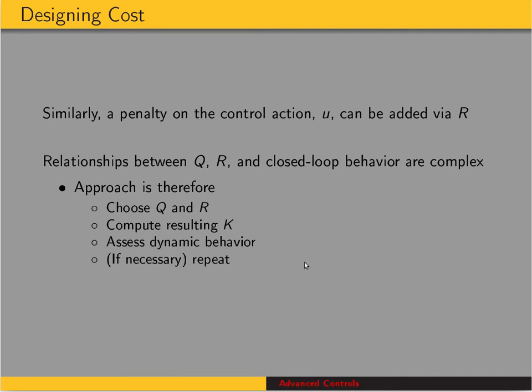Then we'll use that gain matrix K in our closed loop system, and we'll assess the dynamic behavior of the resulting system. And if that behavior is not what we want, then we'll just modify Q and R and recompute K and then check the dynamic behavior again.